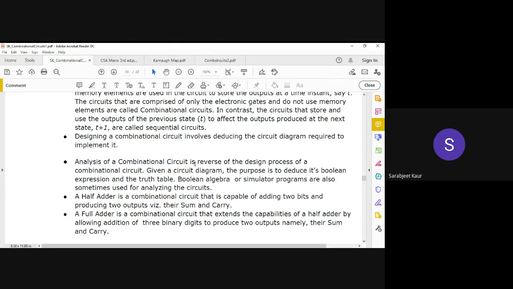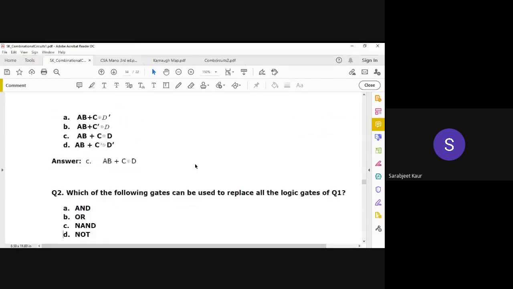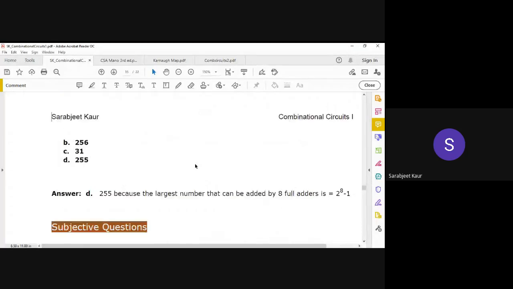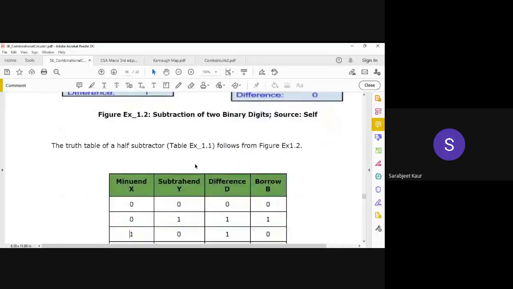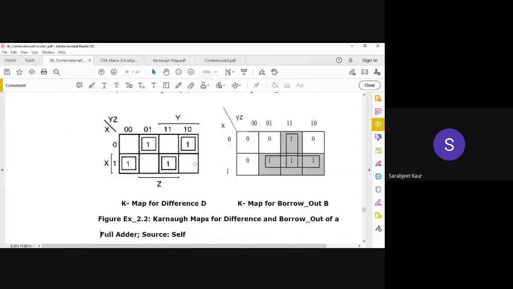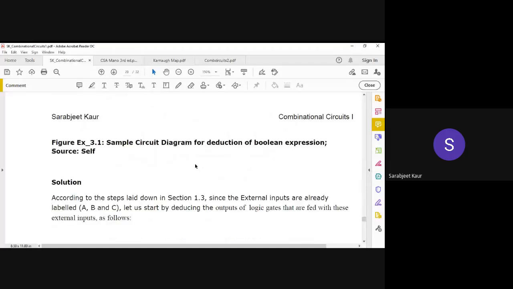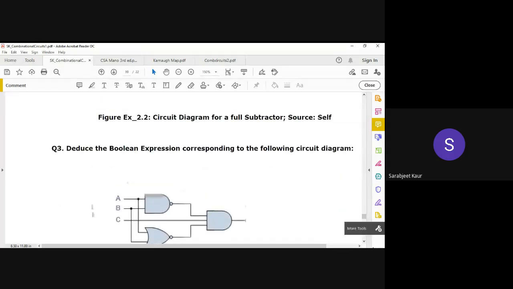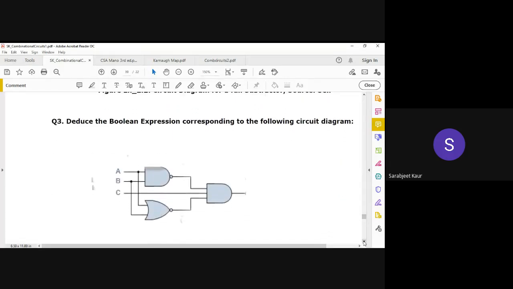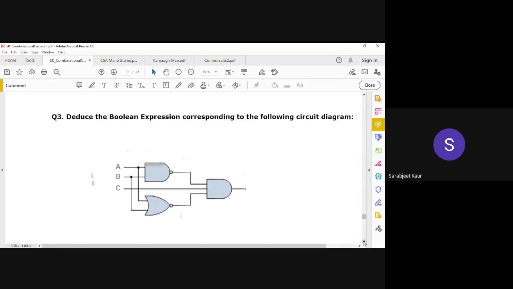I'll show you an example for this. So sometimes you get a small question, a 1 mark or 2 mark question of this sort, that given a circuit diagram, you're required to deduce a Boolean expression.